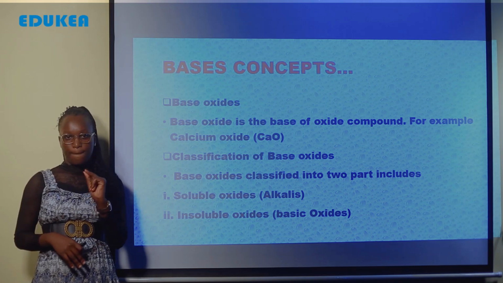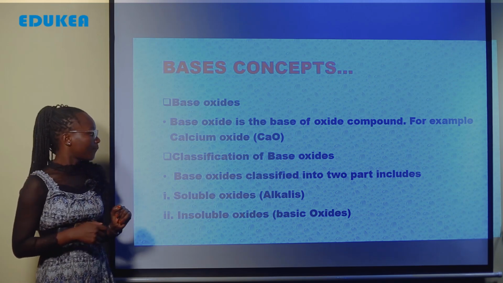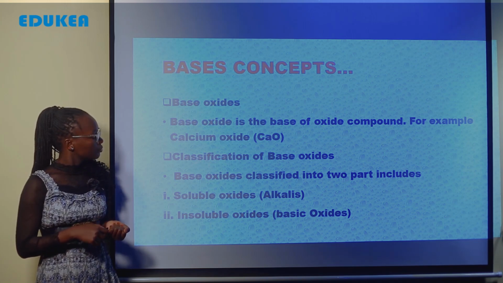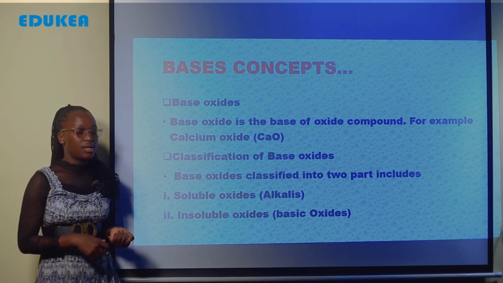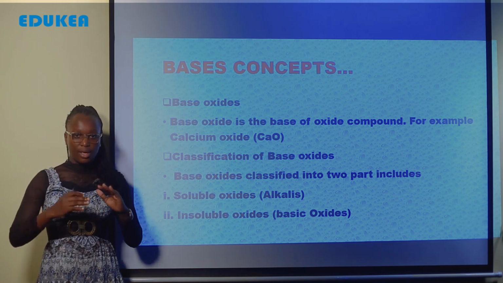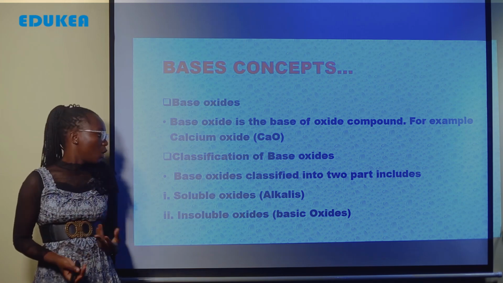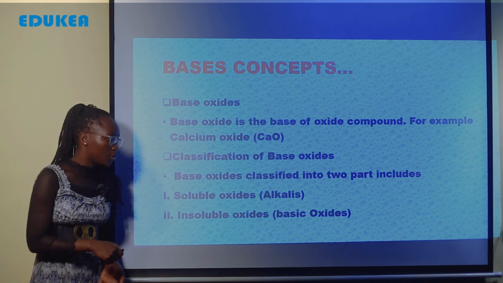Another is classification. Okay, let's just see the classification of base oxide, kwamba base oxide yenyewe imegawanyika, iko classified na makundi. Kuna soluble oxides na insoluble oxide, kwamba tuna classification of base ambayo ni oxide base na hydroxide base.